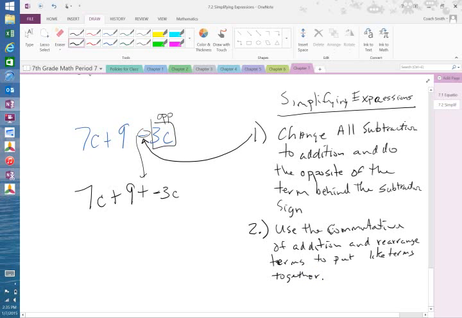So commutative property says I can take each one of these terms, 7c plus 9 plus negative 3c, and rearrange them, and I won't get a different answer.